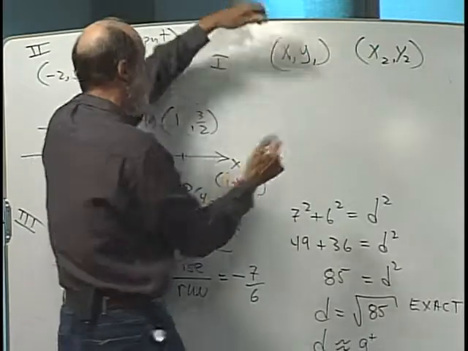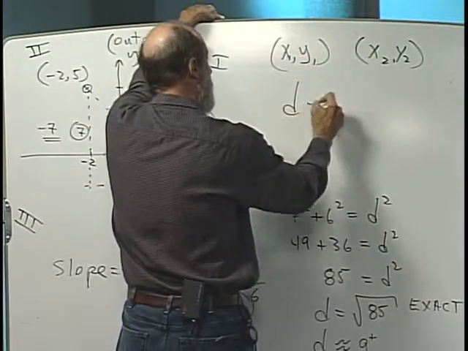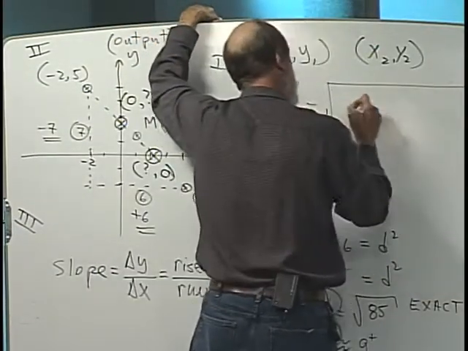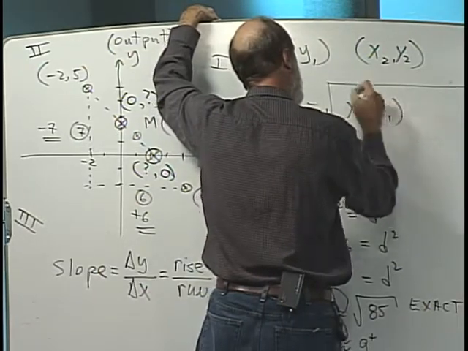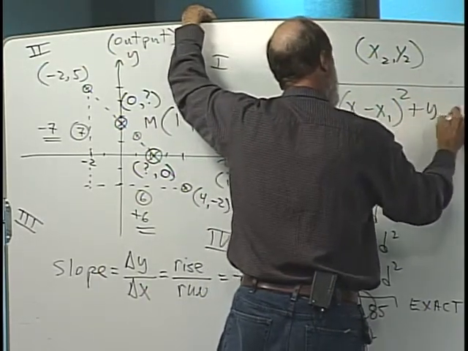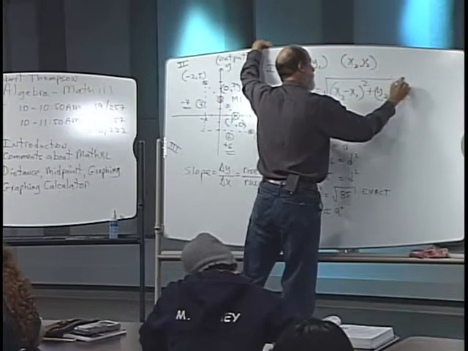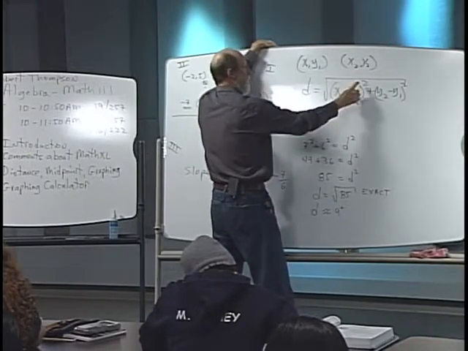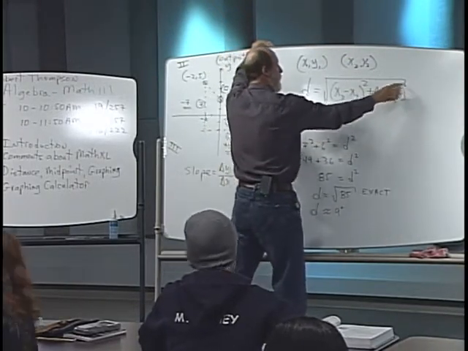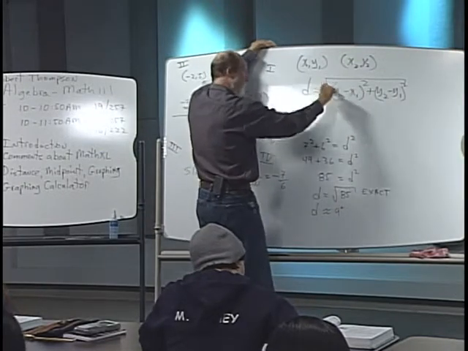So without me going through every little detail of that, it looks like this. And you've seen it before, you may have forgotten it. It's the difference in the x coordinates squared plus the difference in the y coordinates squared. It's the sum of those square rooted.